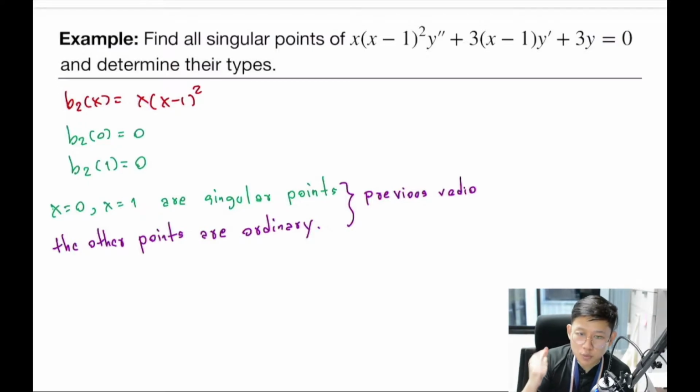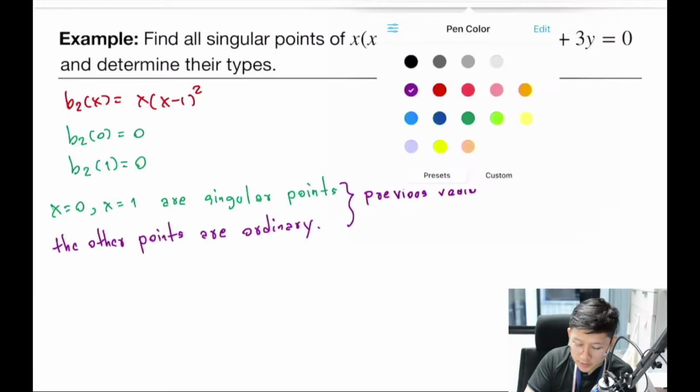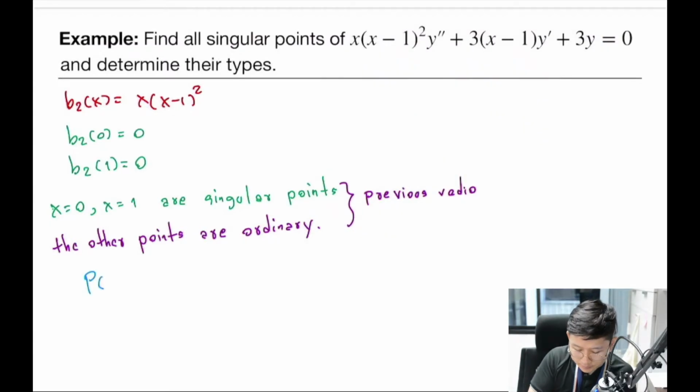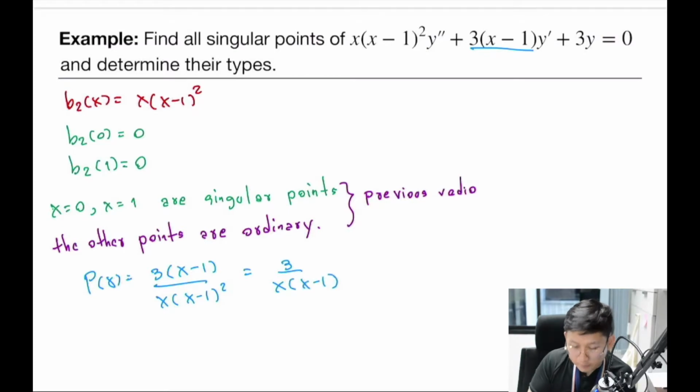Okay, so right now we want to say whether or not x equals 0 is a regular singular point. So we first need to look at p(x), which is this term divided by b2(x). So it is (3x minus 1) divided by (x minus 1) squared, and that is 3 divided by x and (x minus 1).